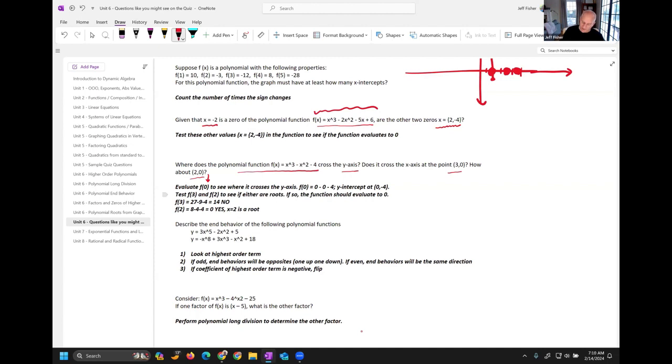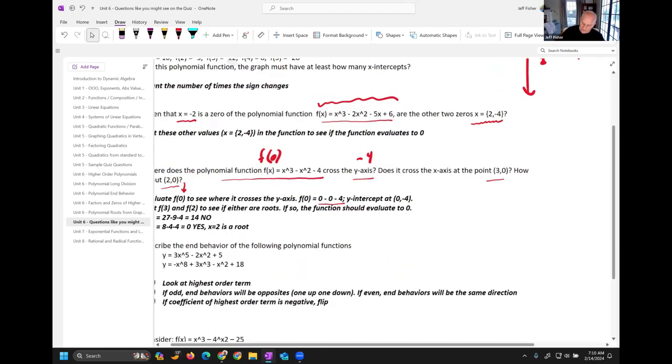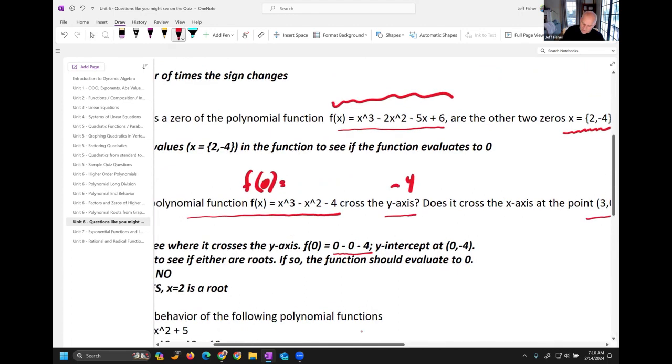So f at 0 equals 0 cubed minus 0 squared minus 4 equals negative 4. So negative 4 is where it crosses the y-axis.